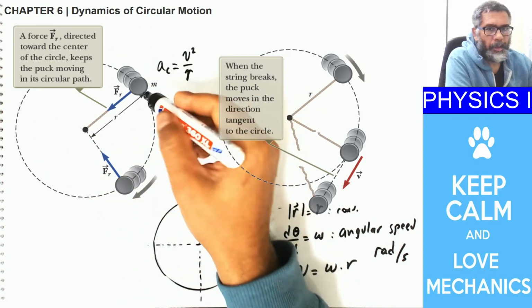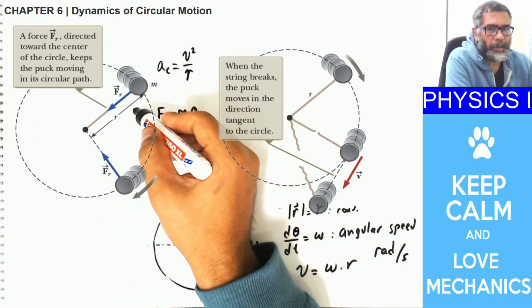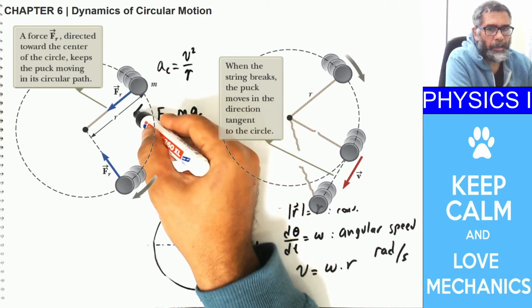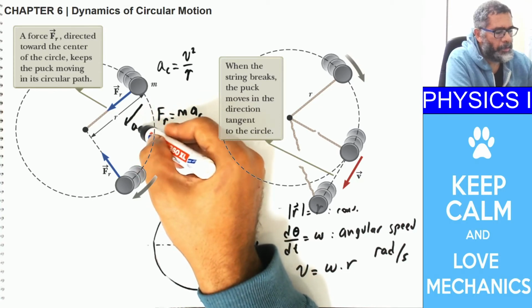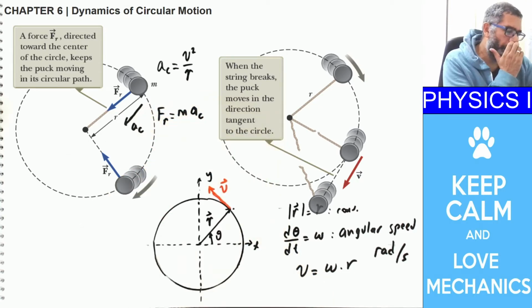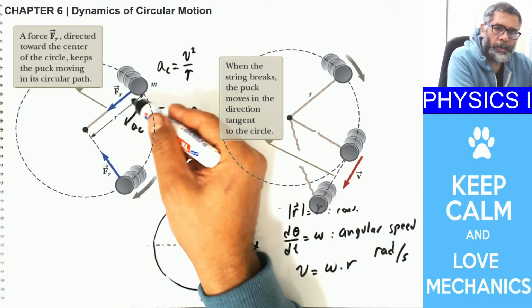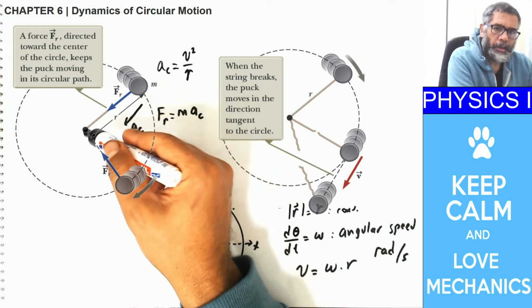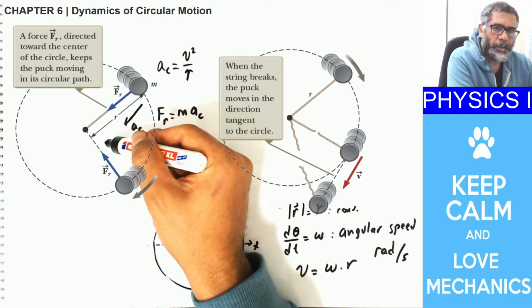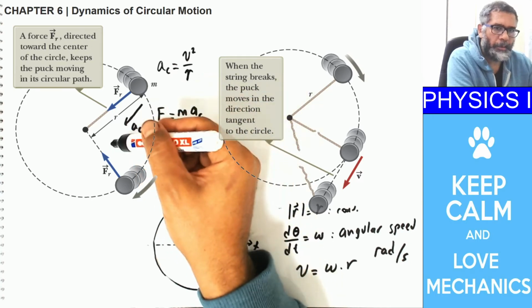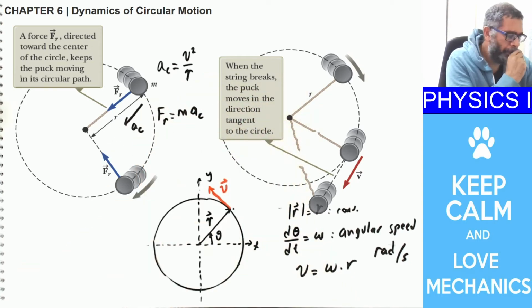That means the acceleration is going to be in this direction. So this is the direction of the acceleration. It's going to be along this string direction, but toward the center, radially inward.